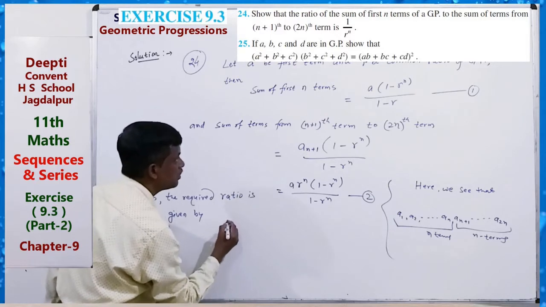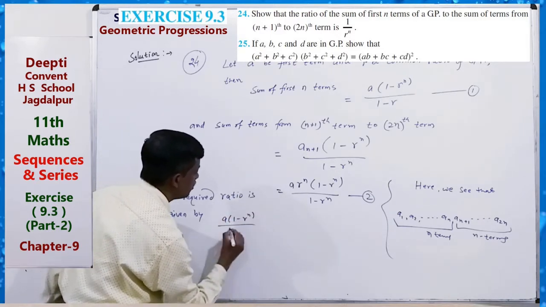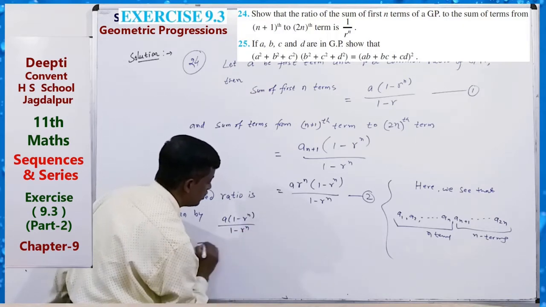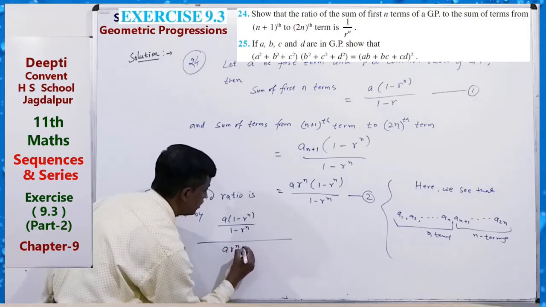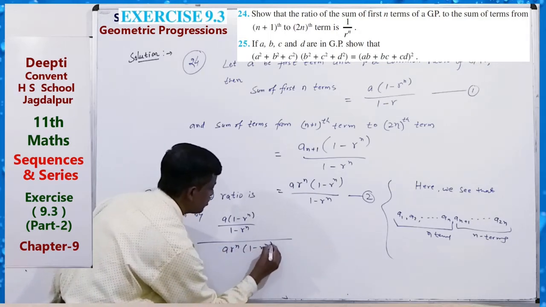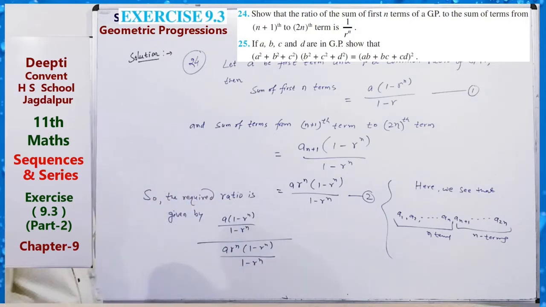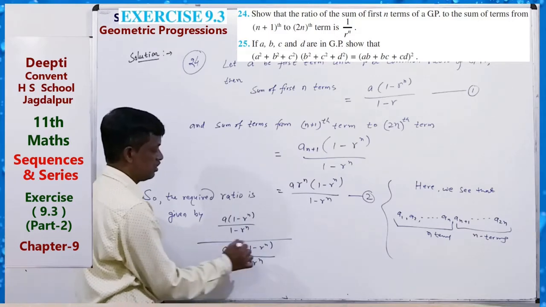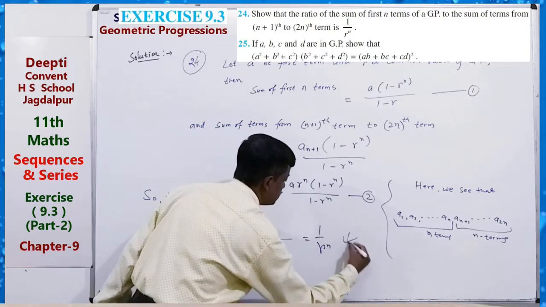That means a into 1 minus r to the power n upon 1 minus r, divided by a r to the power n into 1 minus r to the power n upon 1 minus r. Cancel a, cancel this, and we get 1 by r to the power n. This is the proof.